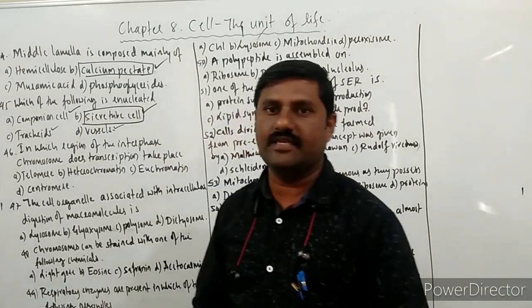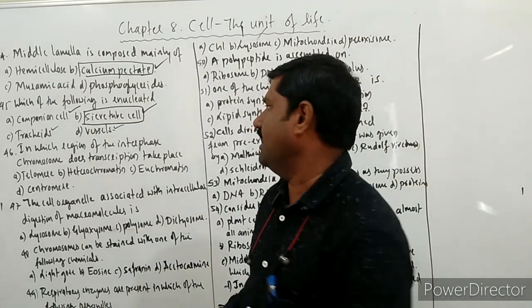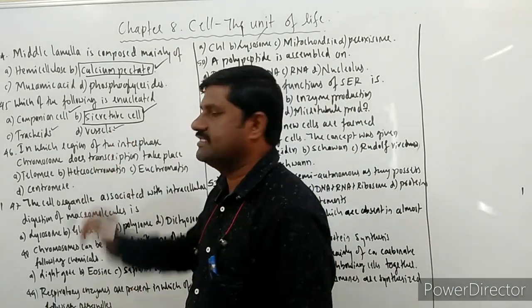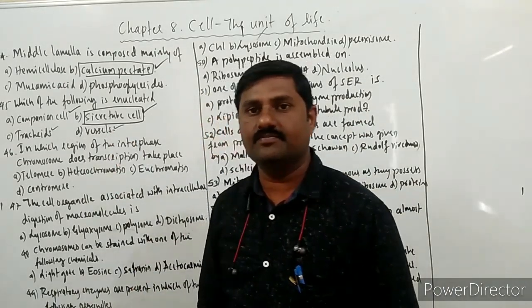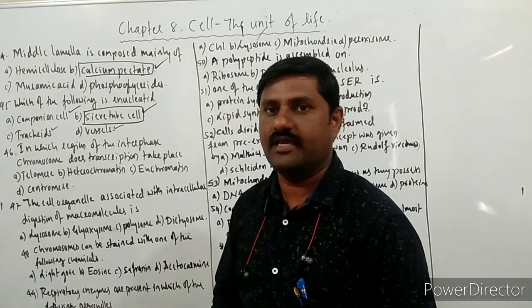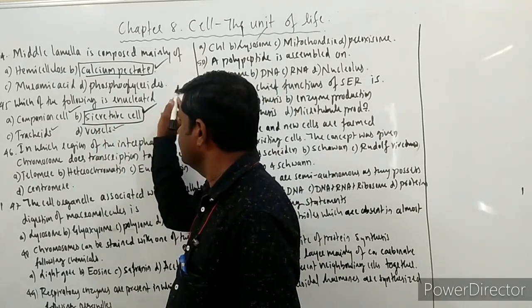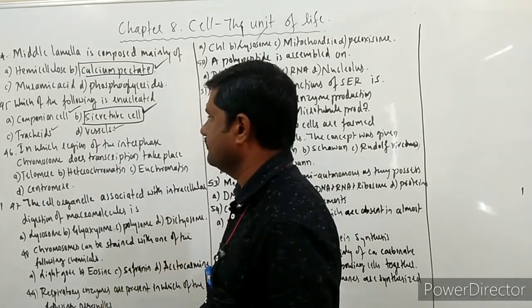Tracheids are usually seen in gymnosperms, that is, non-flowering plants, and in higher plants usually vessels, the xylem vessels, are the conducting cells, right? So this is the correct answer for this question. B is the correct answer.